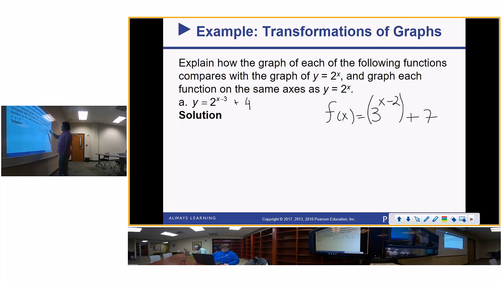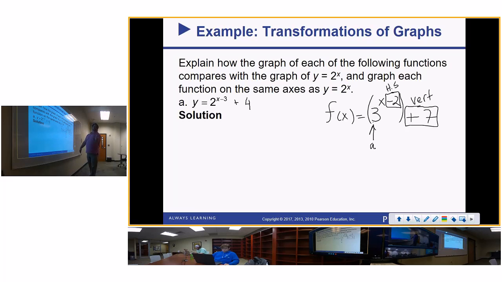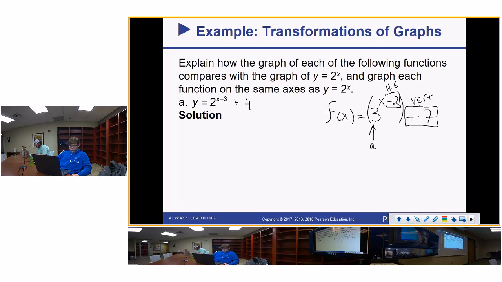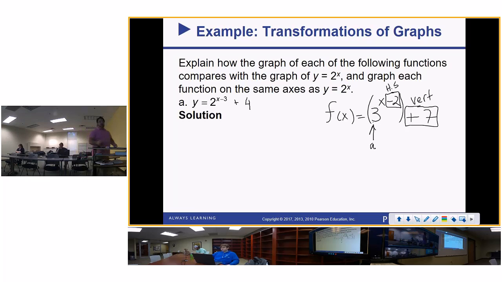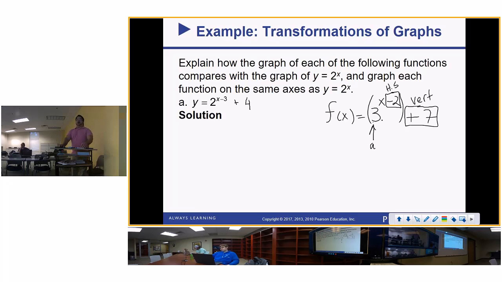Is the 2 connected to the function? Yes. So therefore, this is the horizontal shift. This is the what? Vertical shift. And of course, this is A, so it's going to be more narrow than the 2. So we know this one's going to have a horizontal shift of 2, 3 to the right.